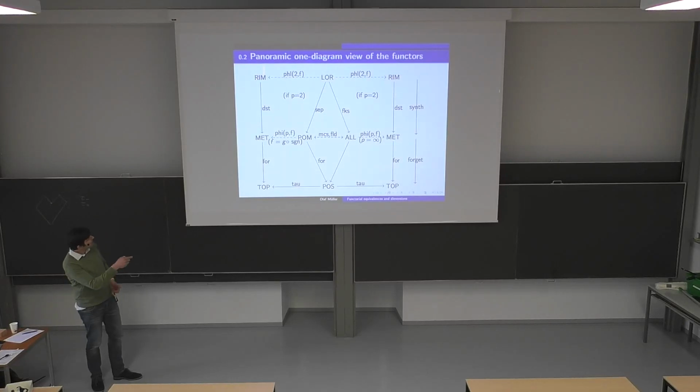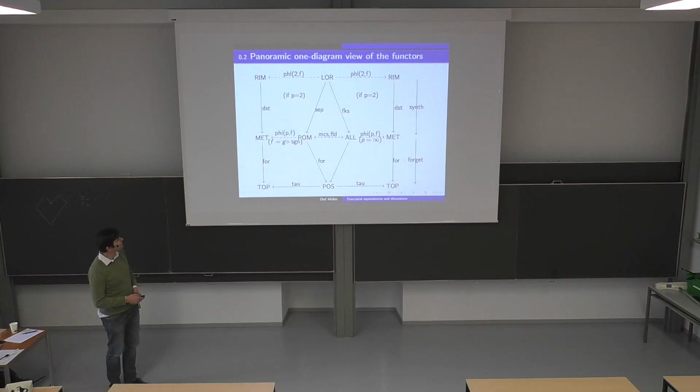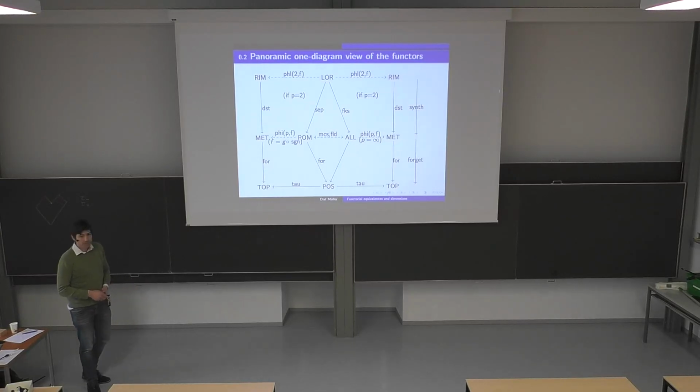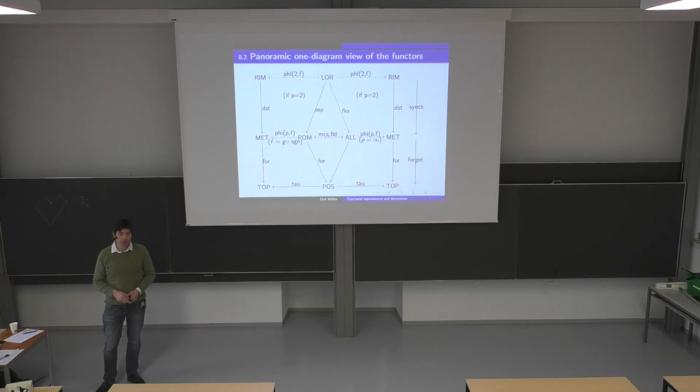Then coming to the uppermost floor here, this was for me 2 or 3 years ago, where I realized that there was some interesting functor from the category of Lorentzian manifolds or Lorentzian spacetimes to Riemannian spacetimes, or subcategories of it.